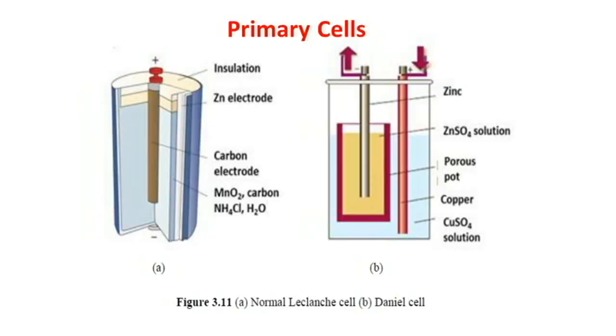The secondary electrochemical cells are normally what we call car batteries. So car batteries are categorized under secondary electrochemical cells.